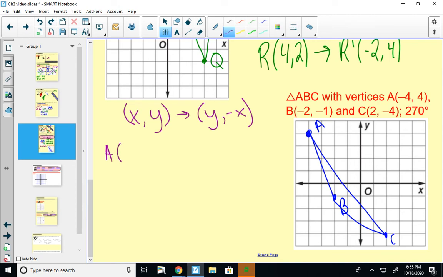So A starts at (-4, 4). A prime would be at (4, 4). B starts at (-2, -1).